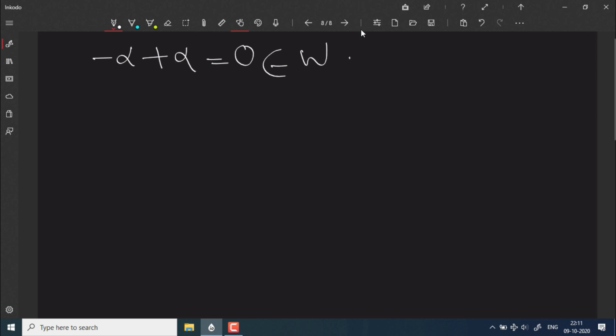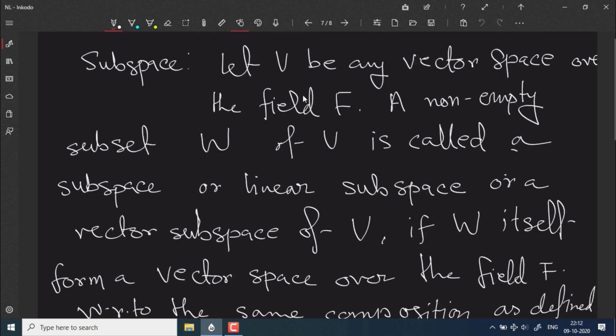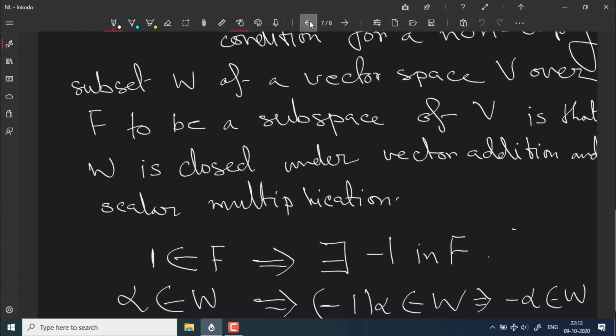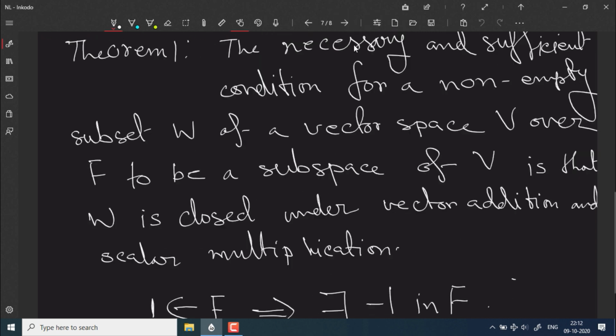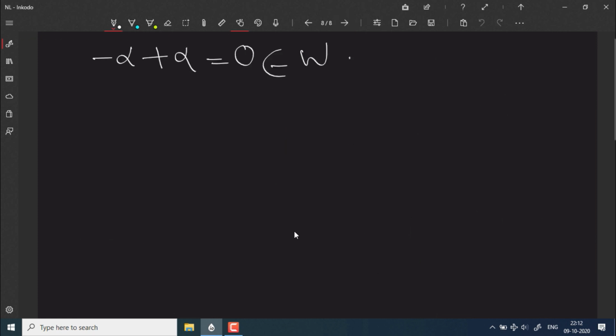Like the example I just discussed in the very beginning of subspace, here also you will observe that the addition was commutative and associative, as well as the existence of additive identity was also there, but due to non-existence of additive inverse, this subset fails to qualify as a subspace of the two-dimensional vector space.